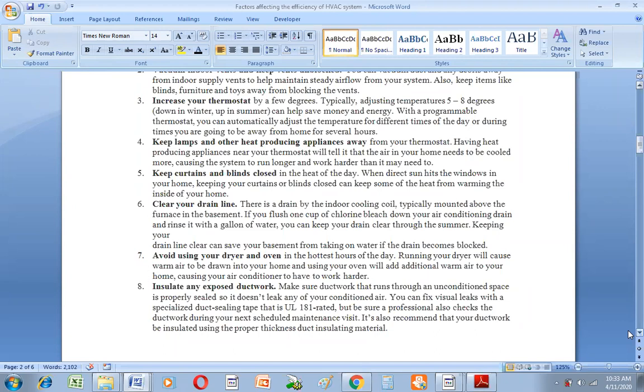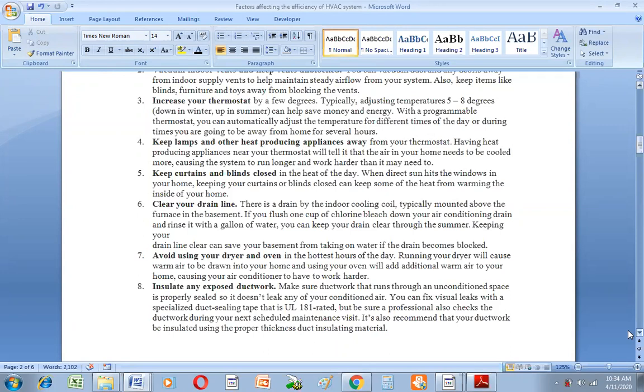So try to avoid such type of equipment in the air conditioned room, or even a hair dryer, etc. Because unnecessarily it is producing some heat, and there will be burden on the HVAC system. So running your dryer will cause warm air to be drawn into the room, and it will hamper the efficiency of the system, and same thing will happen for the electric oven.